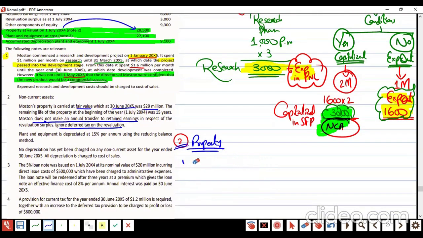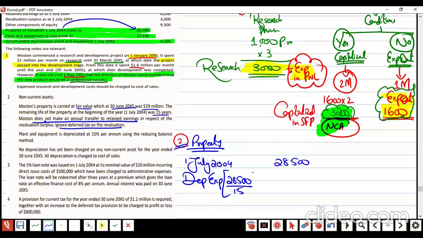So if I write it like this for you, on 1st July 2004, the value is 28,500, correct? We have to find out the depreciation first. 28,500, life is how many years? 15. So what is the per year depreciation? 1,900.